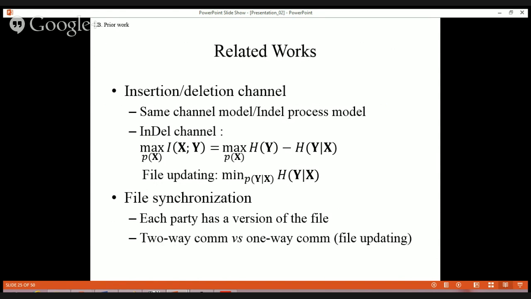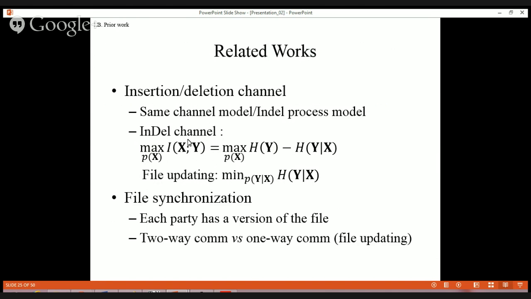A related problem to our work is the insertion-deletion channel. The similarity lies in the model, as our indel process model is similar to the channel model when the channel error is synchronization error like insertions and deletions.